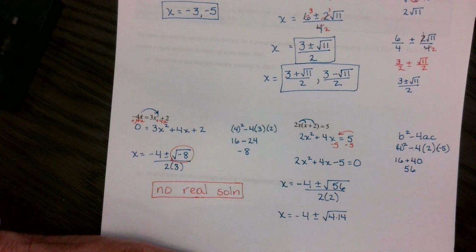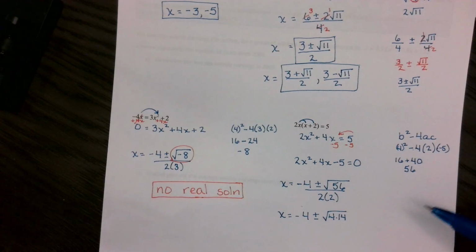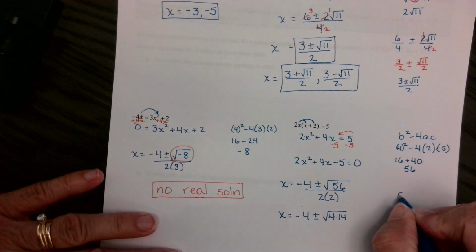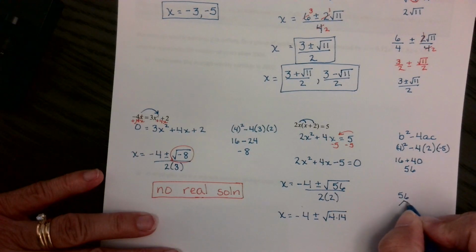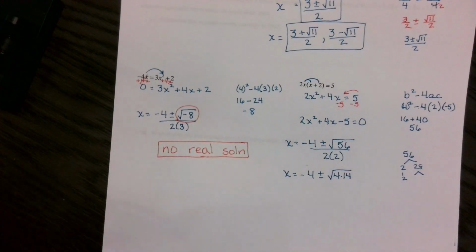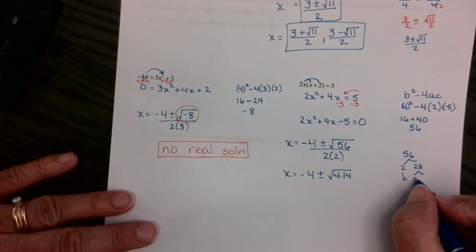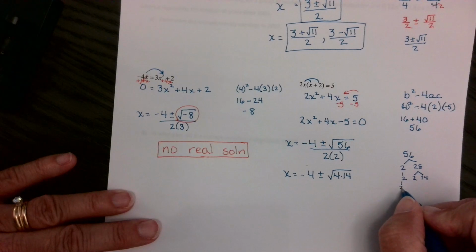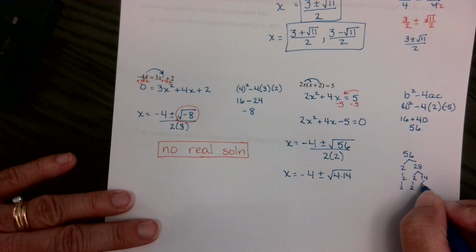You can do this y equals on your calculator and go to the table. If you didn't know that, you can do the factor tree for 56. Chances are you do 2 times 28, 2's prime. I always bring my prime numbers down so that everything's on one line so you don't miss something. 2 times 14, 2's prime, bring it down, 2's prime, bring it down, and 14 is 2 and 7.